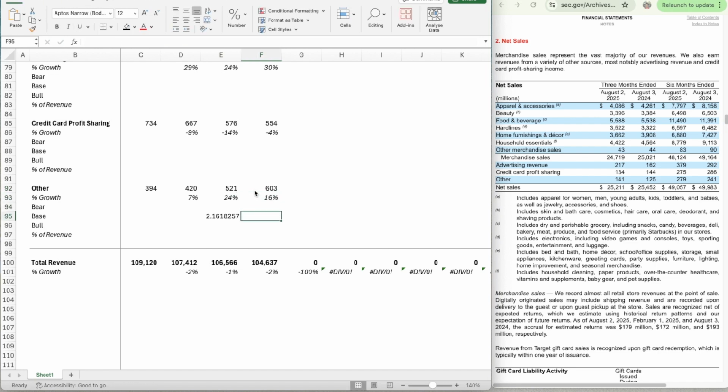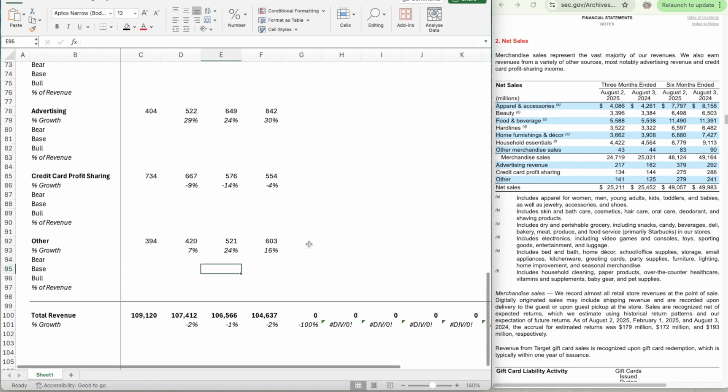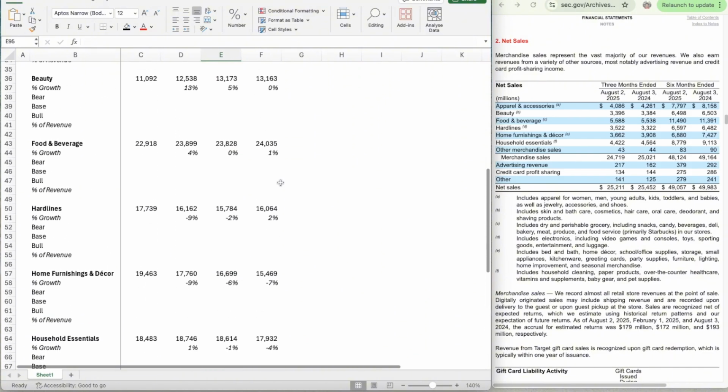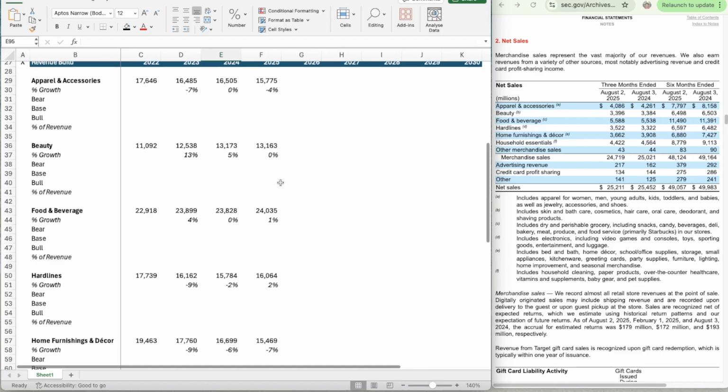Oh. Well, these bottom parts, there's not really anything growing that well apart from advertising.